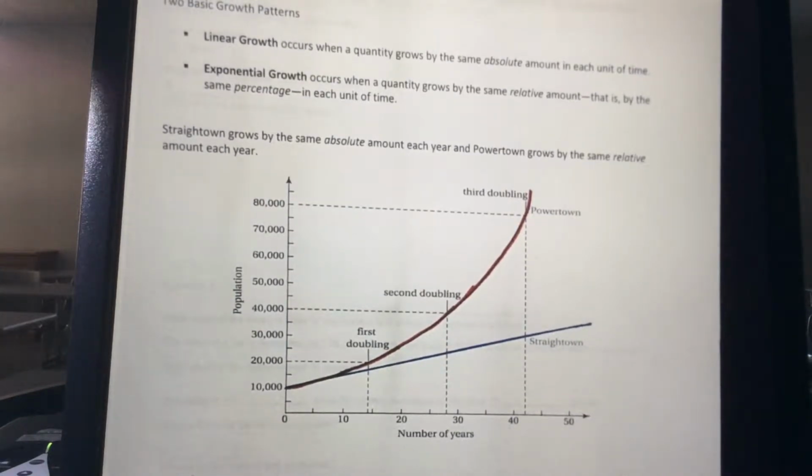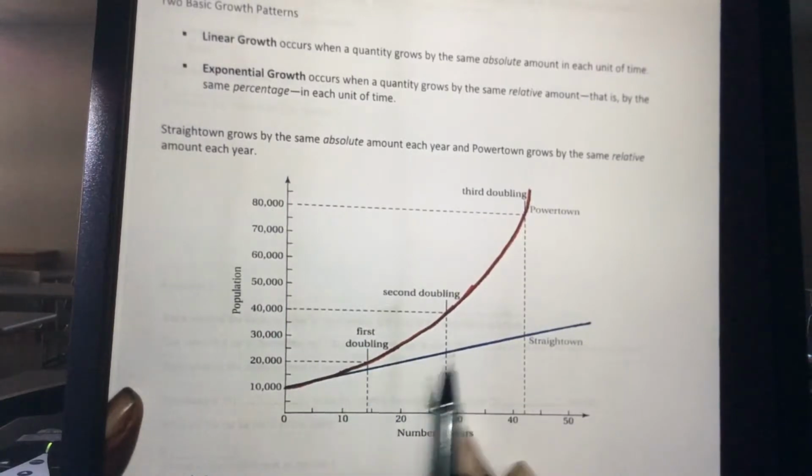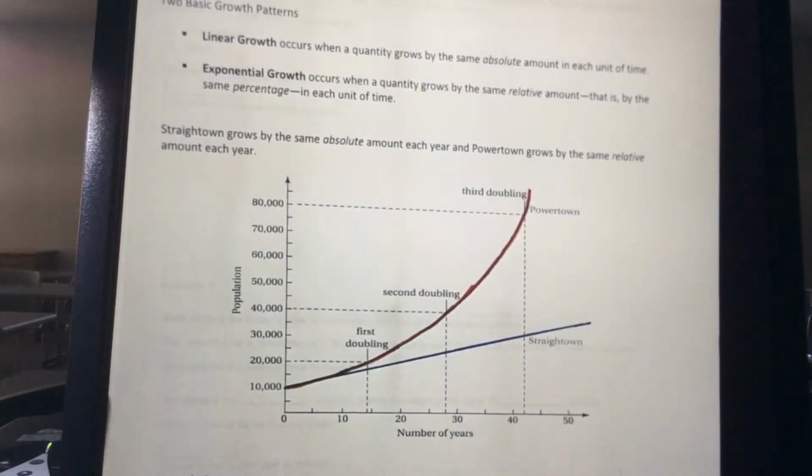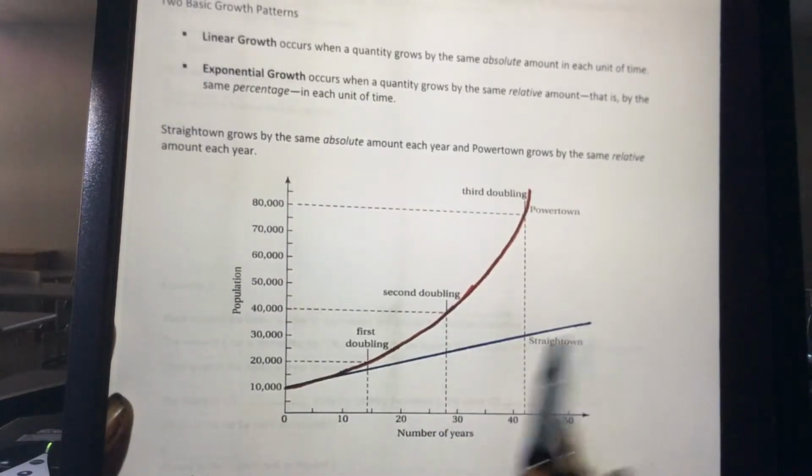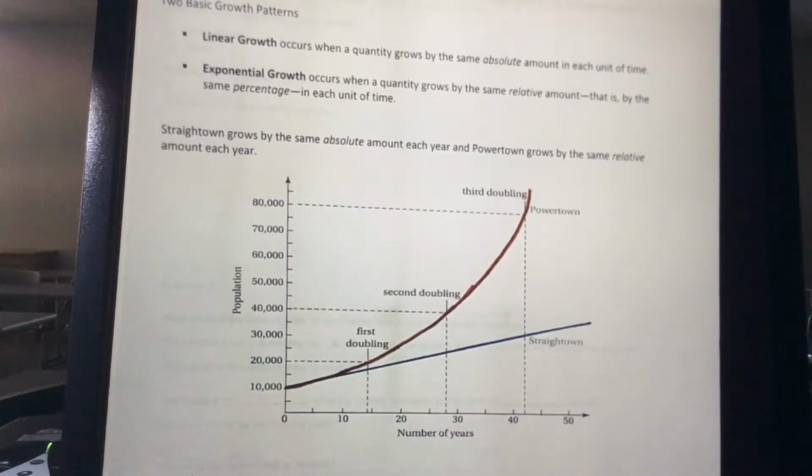Okay, now here's an illustration here. Straight Down, which is this blue line that you see here, is going to grow by the same absolute amount each year. So it's a linear growth. And as you can see, it's just going to be a straight line. And Power Town grows by the same relative amount each year.